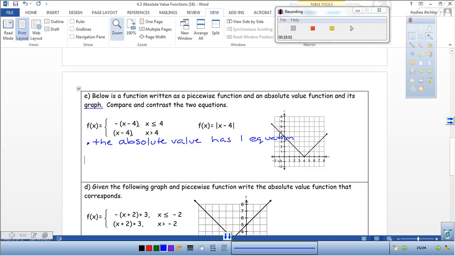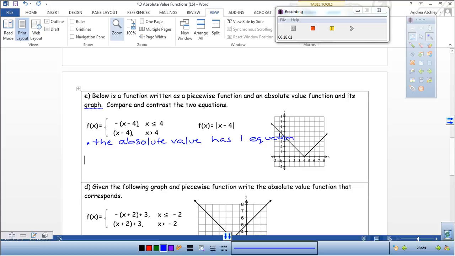Anthony, what's something you wrote down? Okay, well, let's see. What do you think? What is similar about both of them? What do they both have? Even more specific. It has more than just 4. It has what? A negative 4.